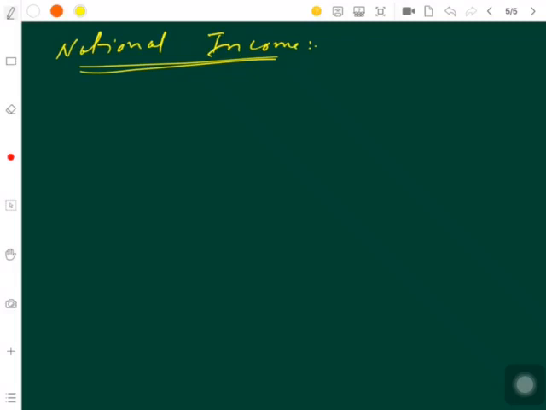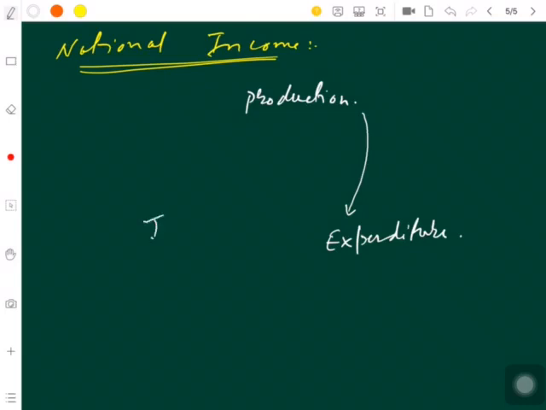That means when production takes place, people have to spend, have to make expenditure to acquire these very things, goods and services produced. But for that they must have an income.